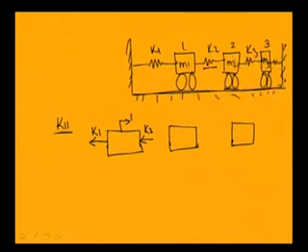So, to have that displacement, one has to apply a force F1 equal to K1 plus K2 to have unit displacement at 1 and displacement 0 here and 0 here. So, K11 becomes K1 plus K2. So, K11 equal to F1, which equals K1 plus K2.